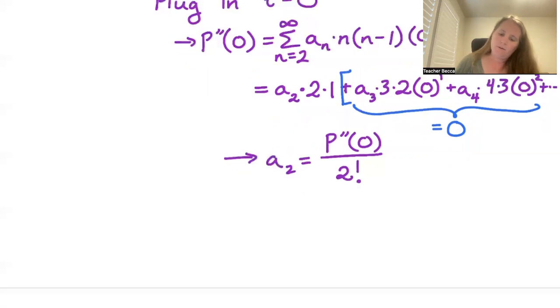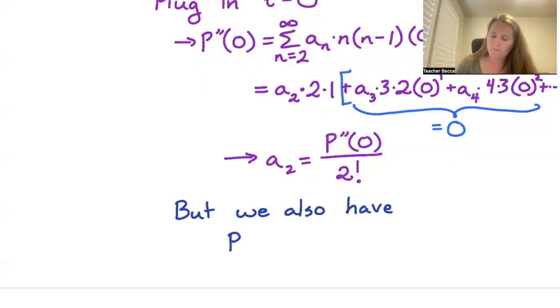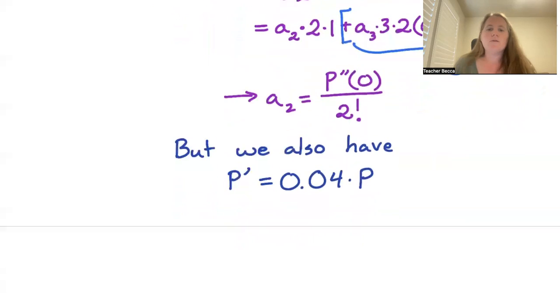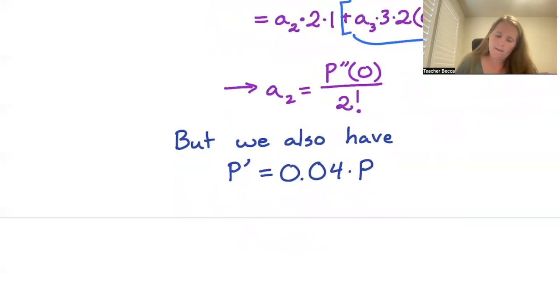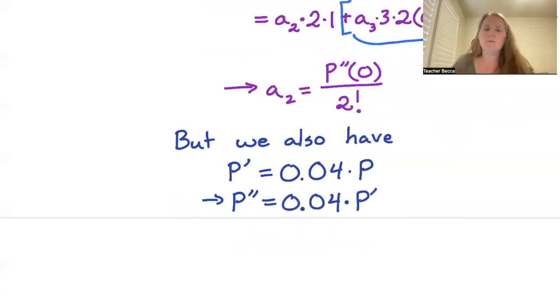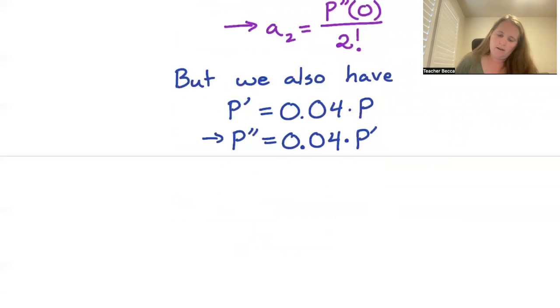Again, we also have that p prime is equal to 0.004 times p. So if we differentiate, then the second derivative should be equal to 0.004 times p prime, right? If we just differentiate with respect to t. And p prime is equal to 0.004 times p.